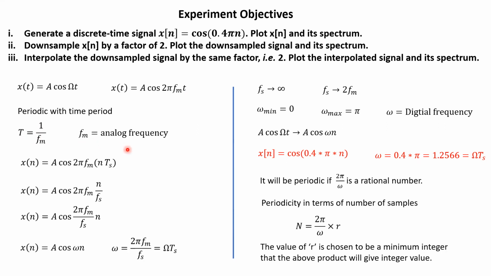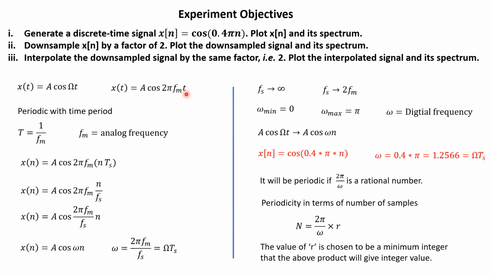Now when we want to obtain the discrete time signal, the discrete cosine signal, we have to sample this signal to get the x[n] values. Here the time index t is a continuous value.